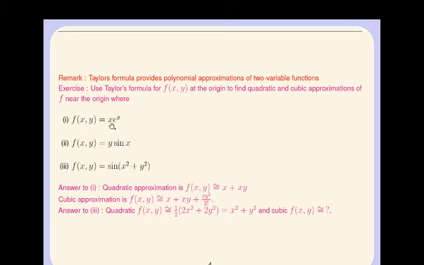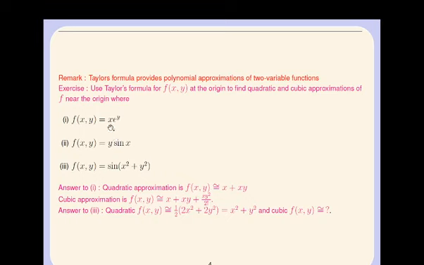See, can you directly tell the quadratic and cubic approximations, or you can even say the 4th degree polynomial approximation of x e to the power y? How do you do that? Look at the Taylor expansion of x and look at the Taylor expansion of e to the power y.